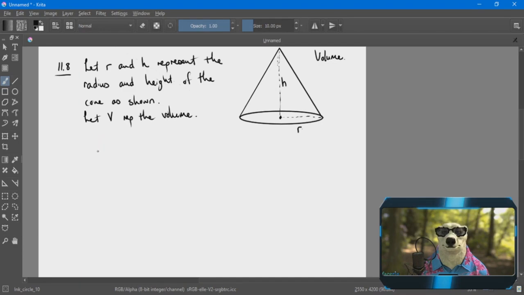So now we need to have an equation that relates these quantities, and it's going to be the volume formula for the cone. Well, you might not know what that volume formula is. It is a third pi r squared times h.